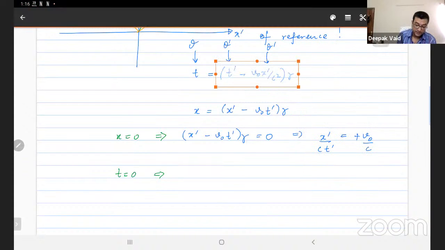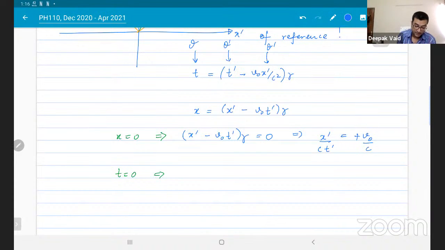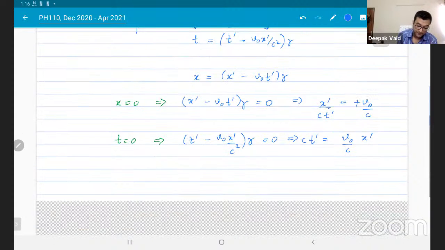This means that T prime minus V naught x prime by C square, times gamma, is 0, which means C T prime is equal to V naught by C x prime.